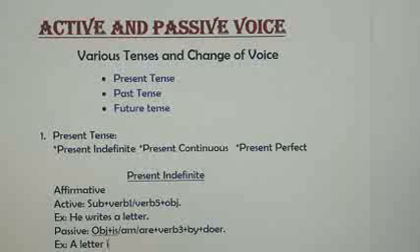A letter is, after that the third form of write will be written. A letter is written. I will use by. Who is writing the letter? Who is the doer? He. And "he", when we convert it into passive voice, will be converted to "him". A letter is written by him. It's a passive structure for present indefinite tense.